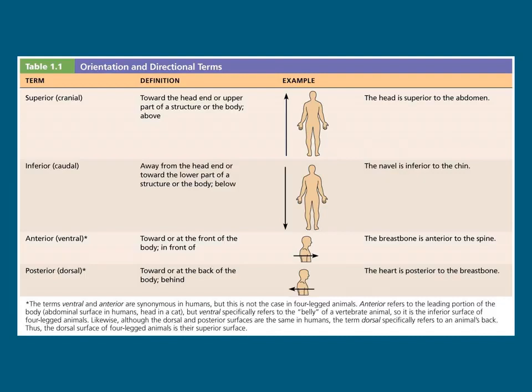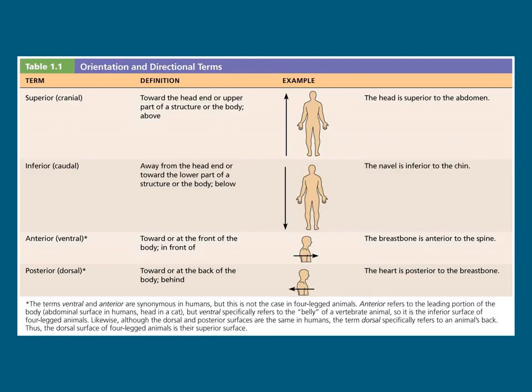Superior is when you are moving up towards the head. So you're moving up, basically. Inferior would be when you're moving down towards the feet. You're moving away from the head. So you use these as comparison terms oftentimes. So I could say that your stomach is superior to your knee.